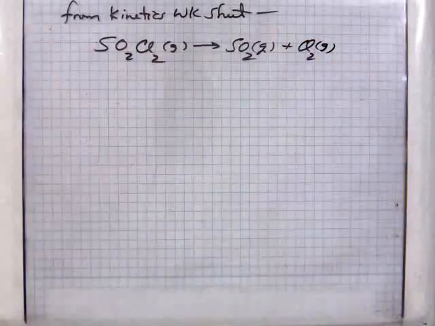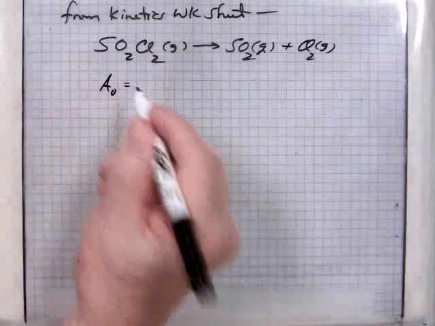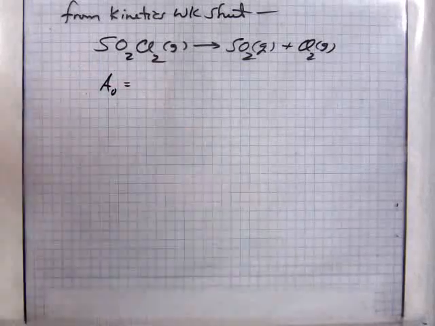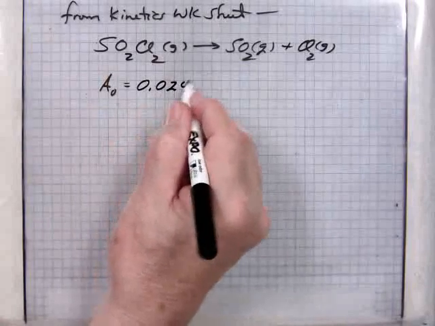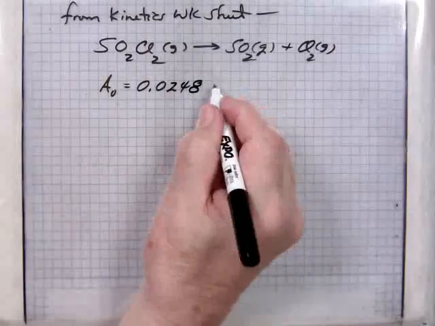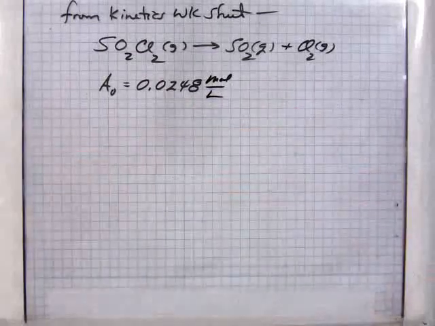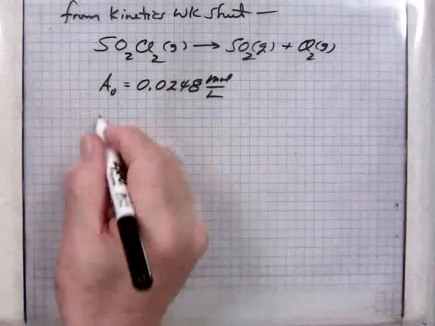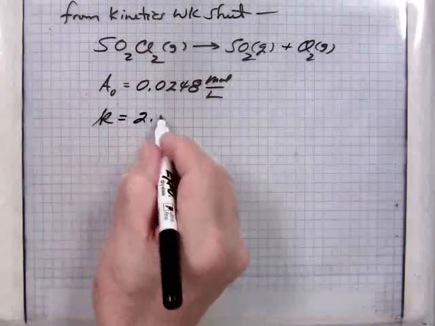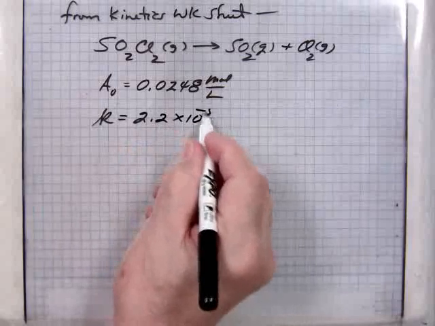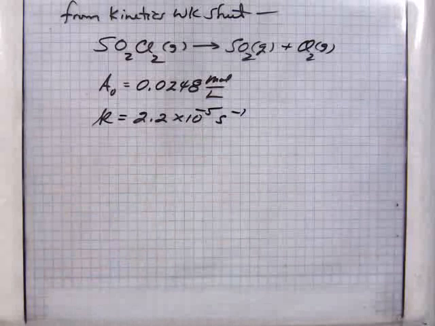In that format. In an experiment, the initial concentration of sulfuryl chloride was given to be 0.0248 mole per liter, or molar, however you want to write it. If the rate constant k is given to be 2.2 times 10 to the minus 5 seconds to the minus 1, or per second, that's the units on it.